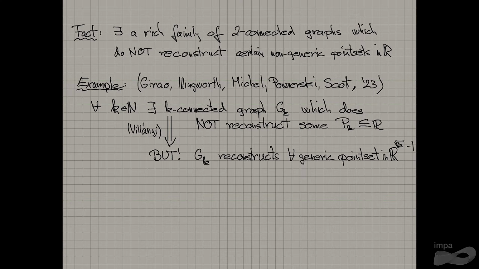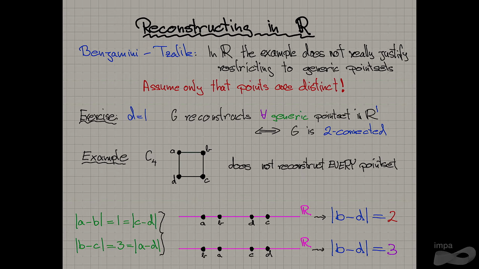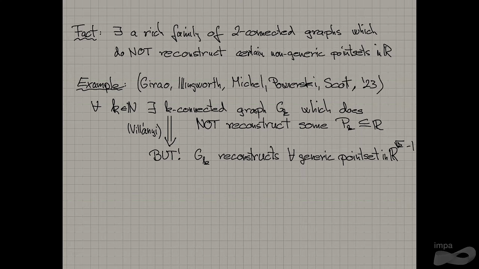So besides the cycle, our goal here is that we want to be able to recover any kind of point set. So C4 will not be our graph. I have to forbid more graphs if I want to reconstruct more subsets.